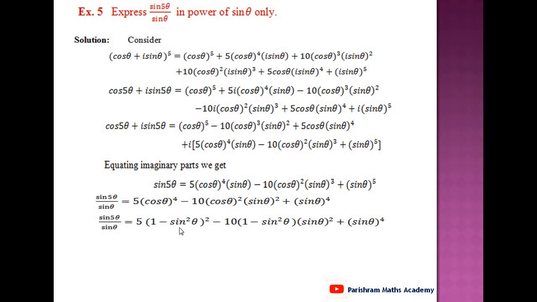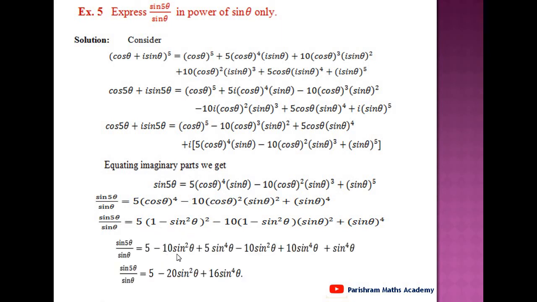We can take the expansion of 1 minus sin square theta bracket square and multiply each term by 5. We get 5 minus 10 sin square theta plus 5 sin raised to 4 theta. Here multiply sin square theta by 1 minus sin square theta, again multiply by 10. We get minus 10 sin square theta. Second term, minus minus plus 10 sin raised to 4 theta, plus the last term is sin raised to 4 theta.